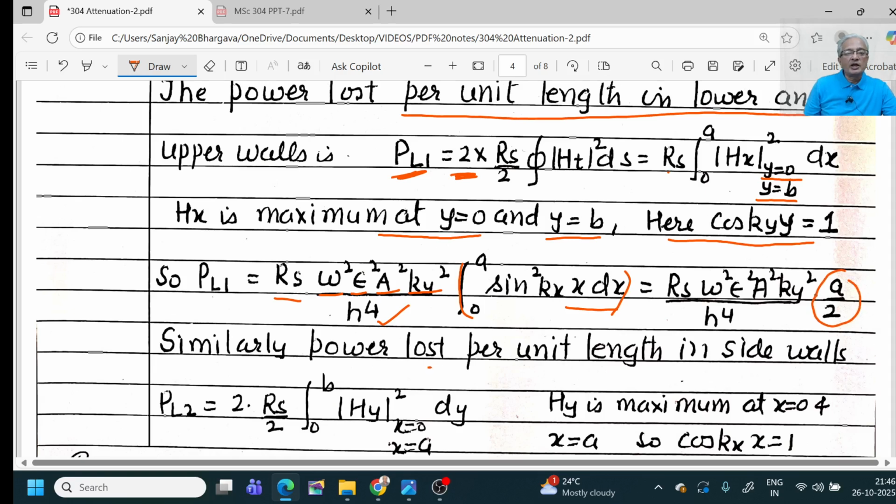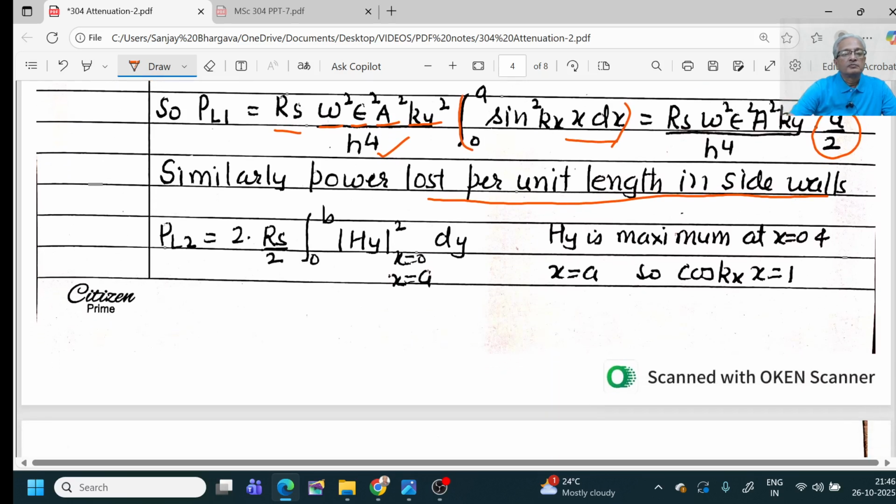Similarly, I can calculate the power lost per unit length in the side walls. So in the side walls, again, there are two side walls, so I multiply by the factor 2. Rs by 2, 0 to b, |Hy| square at x is equal to 0 and x is equal to a dy. Hy is supposed to be maximum at x is equal to 0 and x is equal to a. So cos kx x has to be equal to 1.